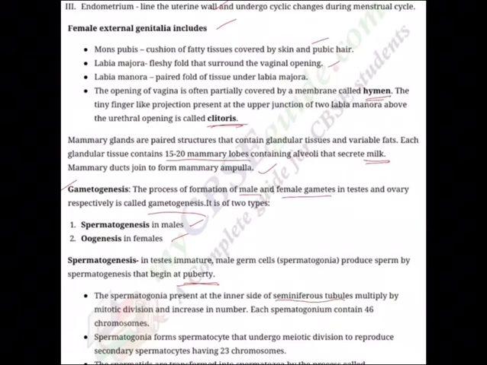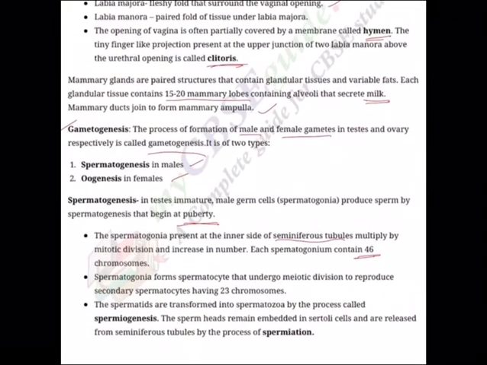Each spermatogonium contains 46 chromosomes, because we are talking of human beings. The spermatogonia form spermatocytes that undergo meiotic division, meiosis, to produce secondary spermatocytes having 23 chromosomes. So from 46 it has come to 23. That's why we say RD, reduction division. So the first reduction division takes place.